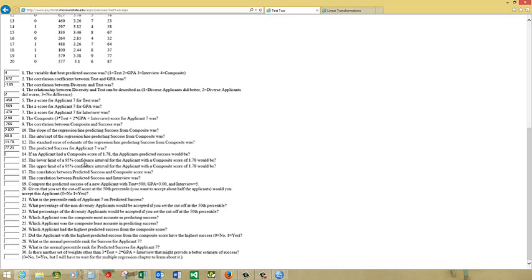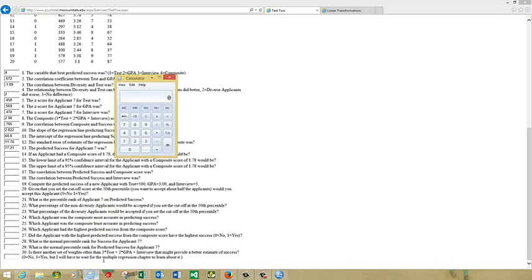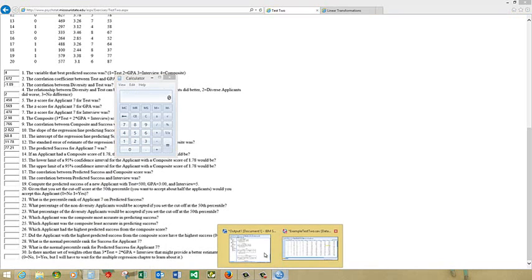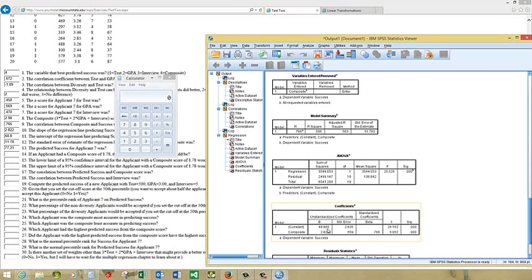If an applicant had a composite score of 1.78, the applicant's predicted success would be, okay. So here we're going to have to use the calculator to do this. And we'll pull up our calculator. And we know that our regression, we'll pull up our SPSS output just so we can see it. It's going to be A plus BX, so the composite. So if had a composite score of 1.78, we're going to multiply B times 1.78.